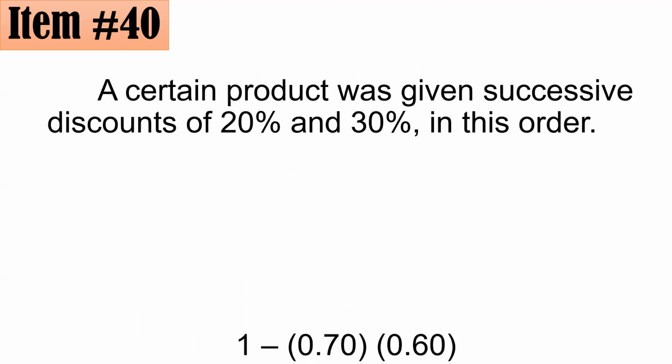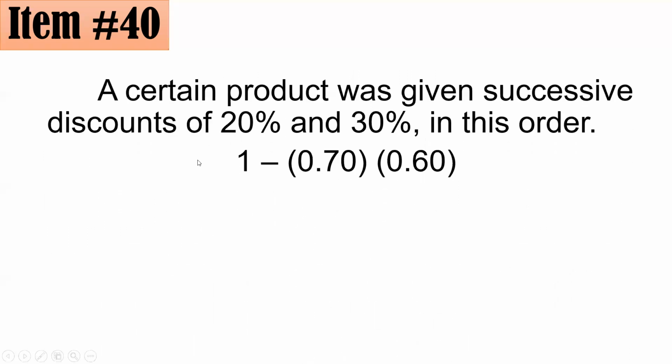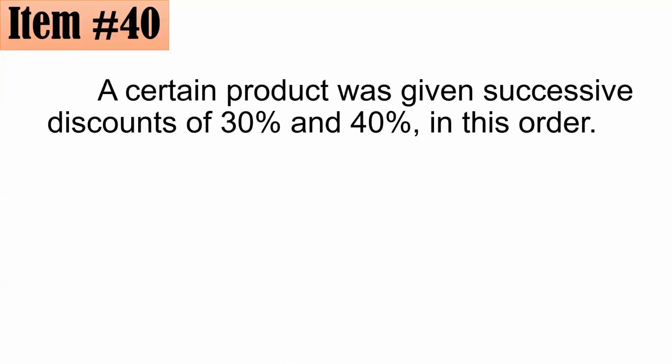And that way, 1 represents 100%. Yung complement niya naman. So if you could see from here po, no, kapag may discount siyang 30%, ibig sabihin nun, 70% na lang po yung babayaran mo sa kanya.